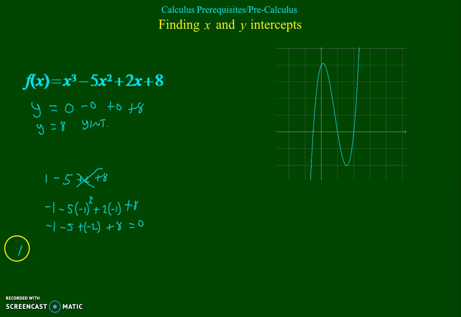So let's just put that down here. That's one of our zeros. Now we're going to use that and some synthetic division to find the other two zeros, because we want to find the quadratic. So negative 1, and our coefficients are 1, negative 5, 2, and 8.